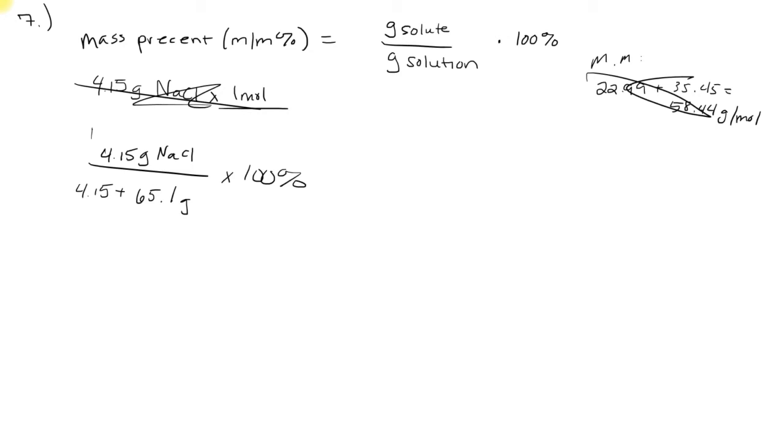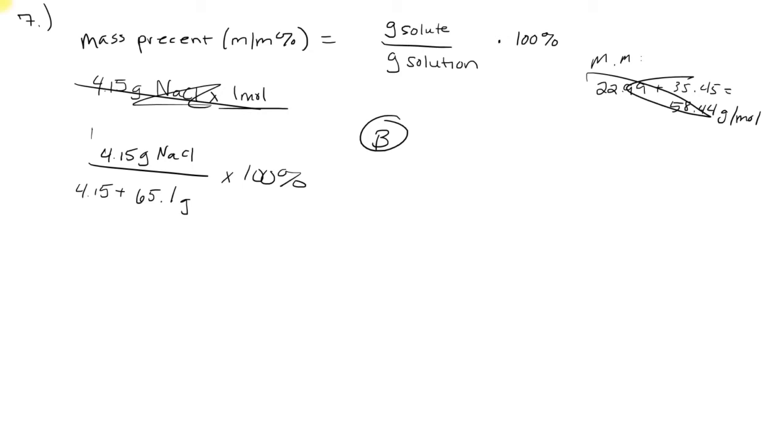So we get 69.25 on the bottom. And so it's going to be about 6%, it looks like. 5.99277. So I'm going to pick answer B as the best choice there.